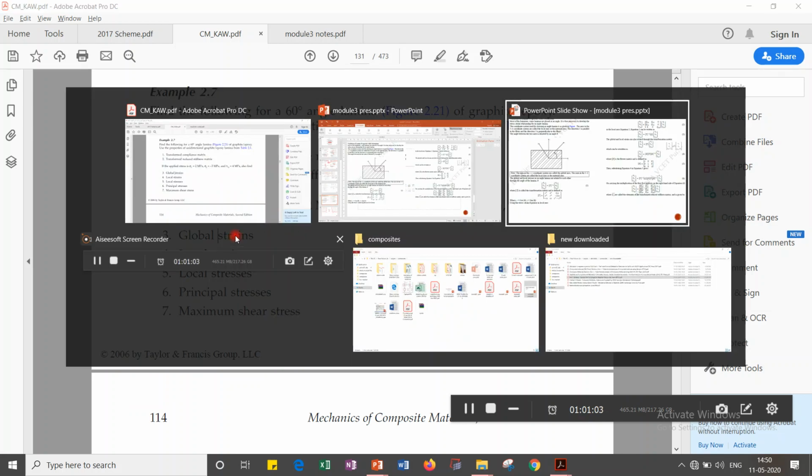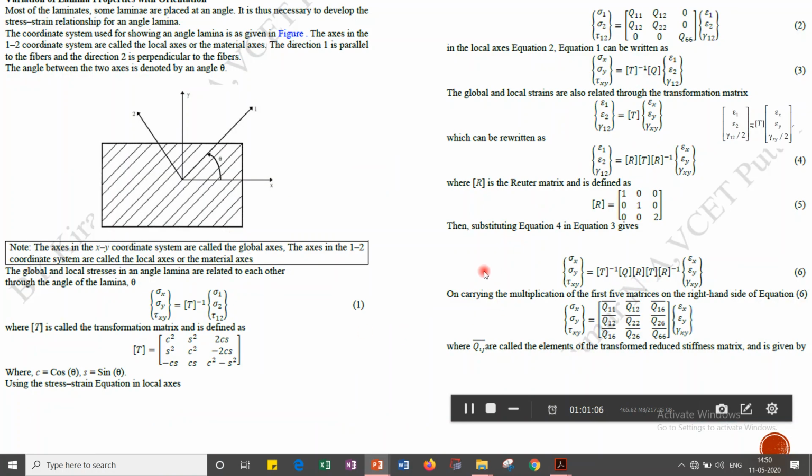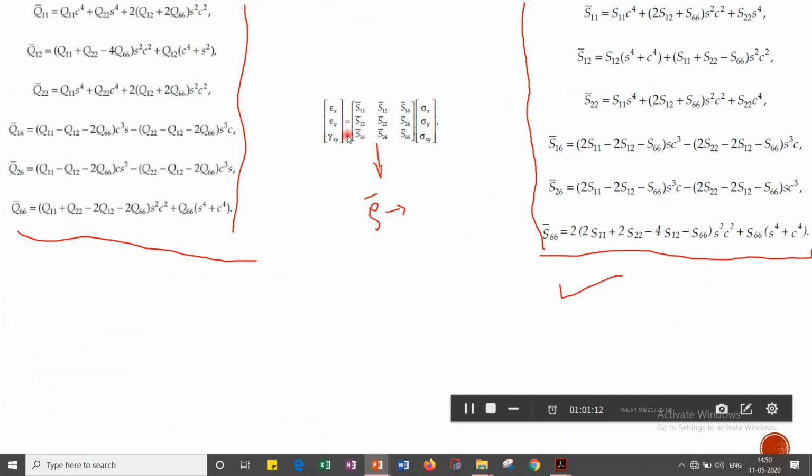Global strains are nothing but epsilon x, epsilon y, and gamma xy. So I should calculate epsilon x, epsilon y, gamma xy.